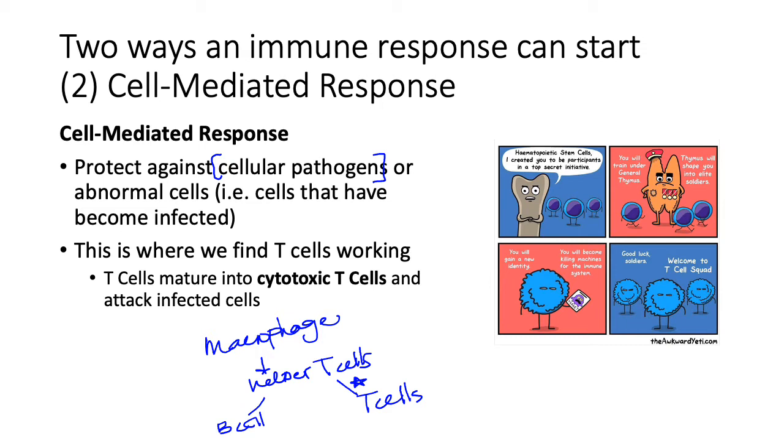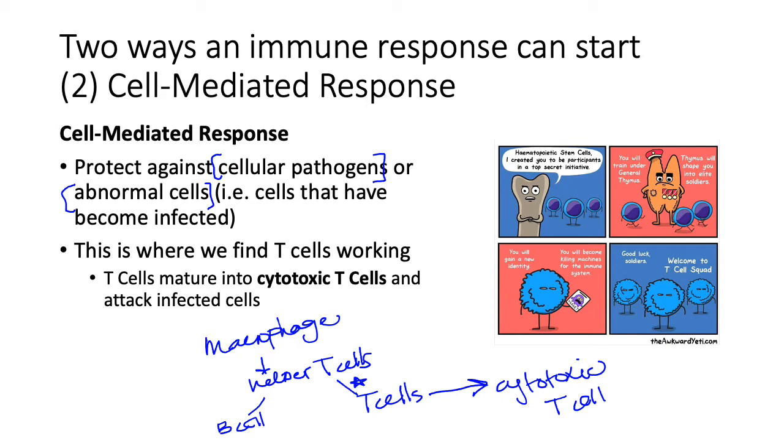So these could be things like a virus that has physically infected our cells, or it could be abnormal cells. For instance, when our cells become cancerous, they start presenting different signals on the surface of themselves, which tells the body, hey, I'm sick, we might need to consider getting rid of me. What's going to happen here is that the T cells go through a maturation process where they become what is called a cytotoxic T cell.